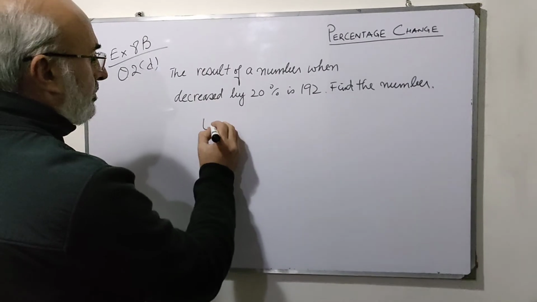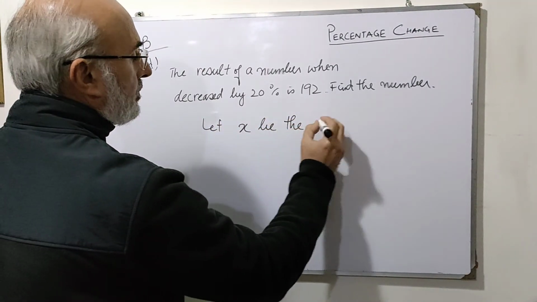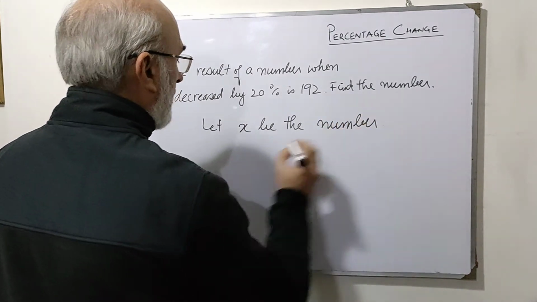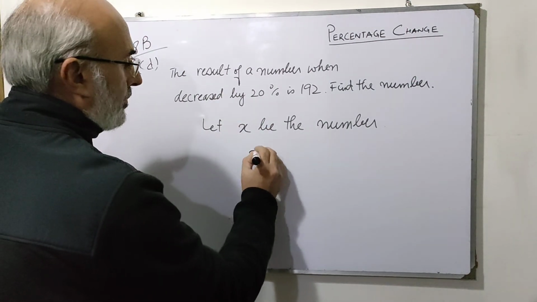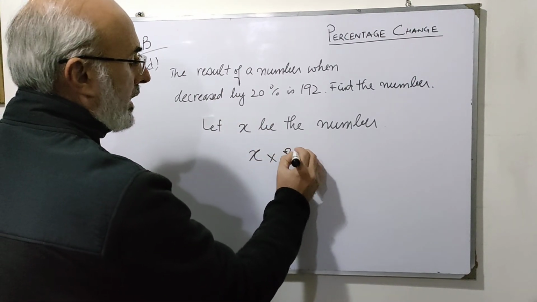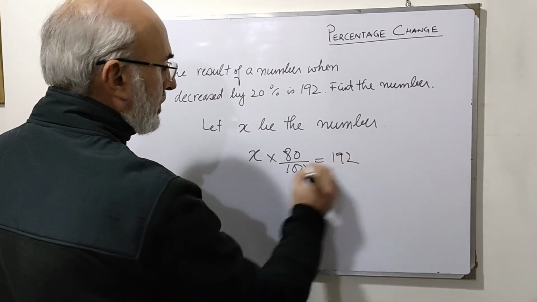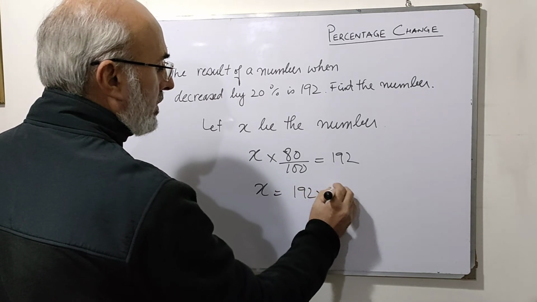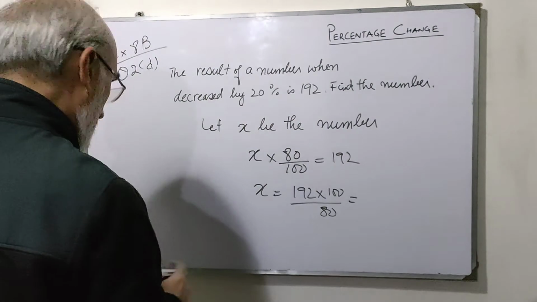So let x be the number, and we are reducing it, so x into 80% is equal to 192, and x is equal to 192 into 100 over 80, and it is 240.